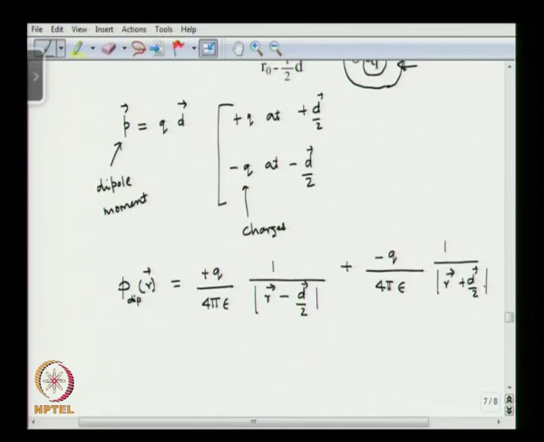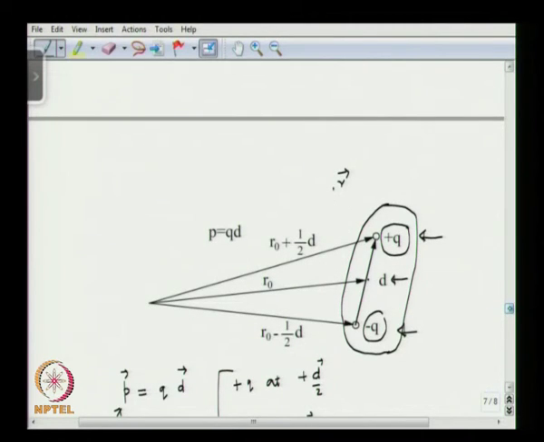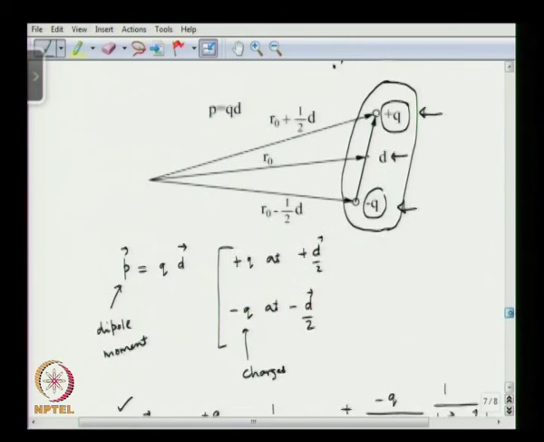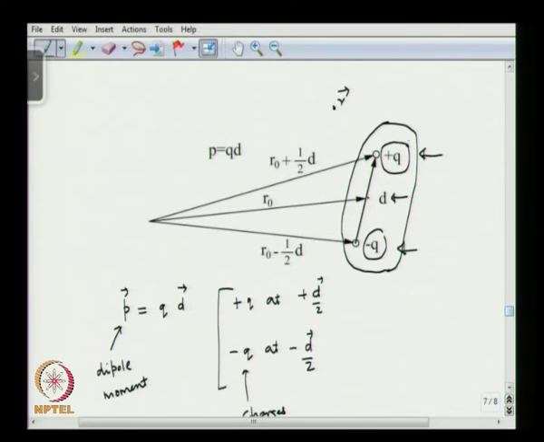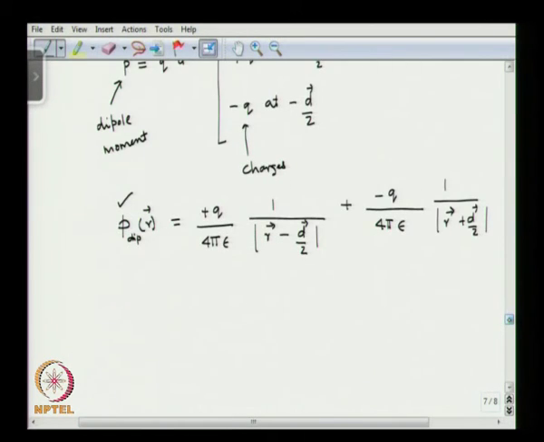So this is the definition of the potential distribution due to a point charge, and these are the position vectors of the point we are talking about. What it means is that if you have a point dipole plus q minus q separated by d, the potential at any point with position vector r with respect to the origin is going to be like this.